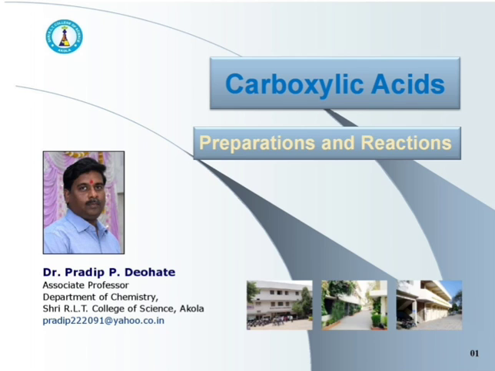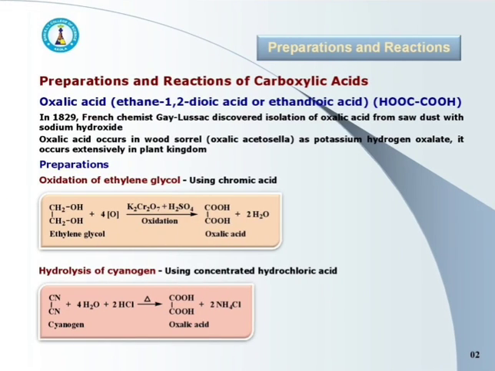This video lecture is on the preparations and reactions of various carboxylic acids. Let's start with the first acid, that is oxalic acid, also called ethane-1,2-dioic acid or ethandioic acid.